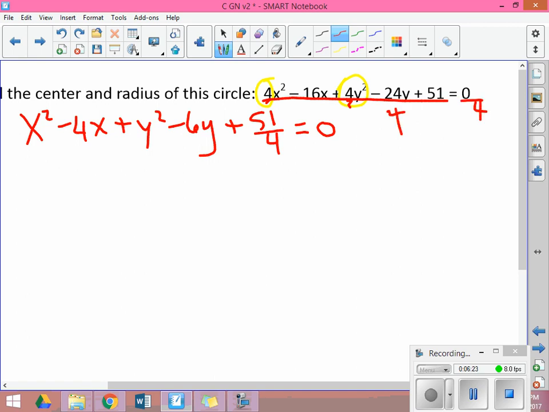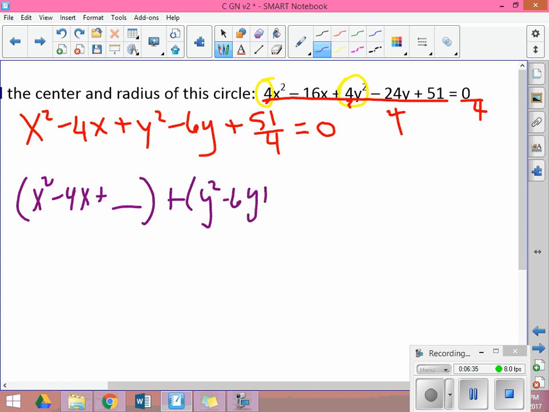Now my process is the same, so I'm going to have x squared minus 4x plus leave a blank plus y squared minus 6y plus leave a blank is equal to negative 51/4 plus leave a blank plus leave a blank. So subtracting 51/4.